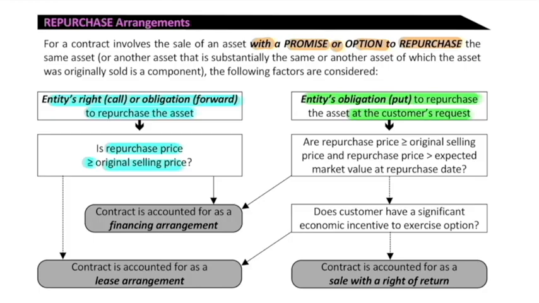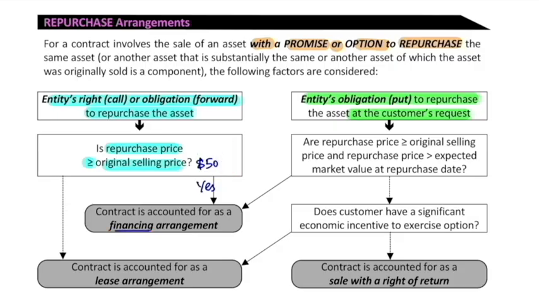The repurchase price is 56 and the original selling price is 50, so the $6 is considered as interest. I receive 50, I promise to pay back 56. The $6 extra is considered interest over the period.